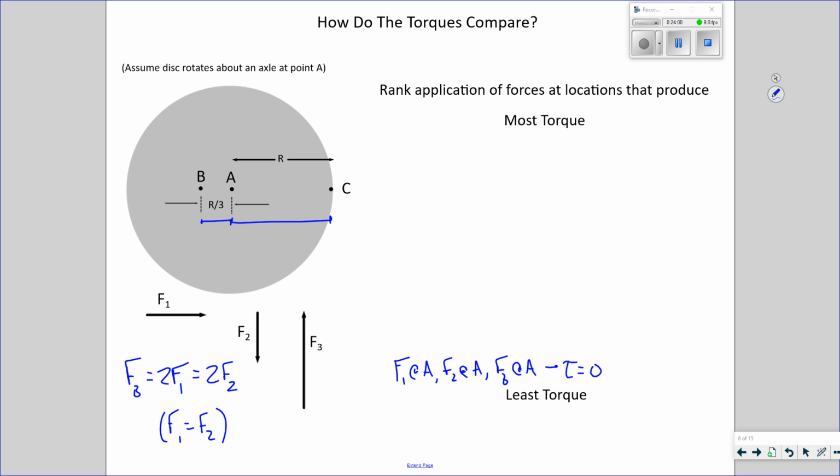That is not going to cause a tendency for the object to change its rate of rotation. So I'll say all of these, R is 0. It's also true that F1 at B and F1 at C, the torque is 0.